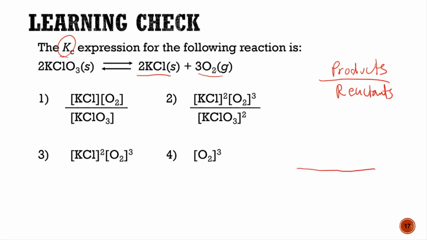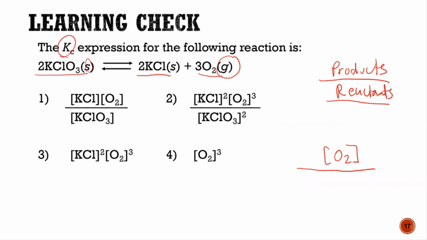However, I'm only incorporating the gas because the solid is considered to be at a constant concentration, not really changing. So I just write O2 concentration in brackets. And then I look over for my reactants and I see that the potassium chlorate is in a solid state. So I don't need a denominator in this quotient.